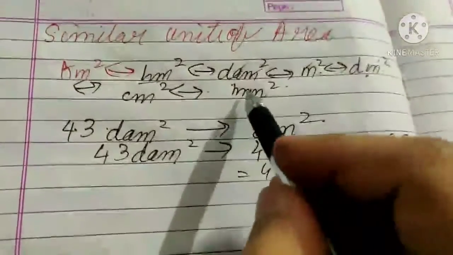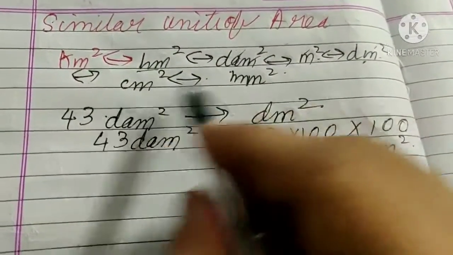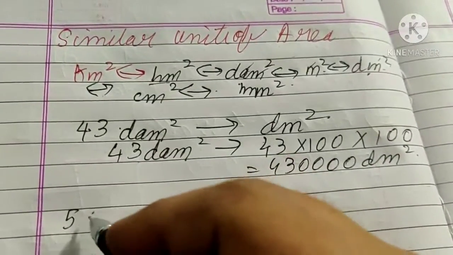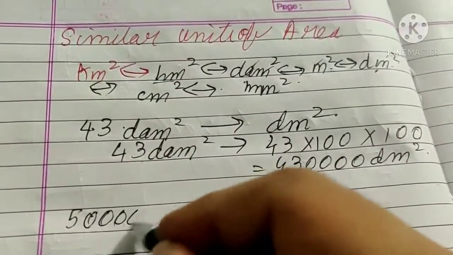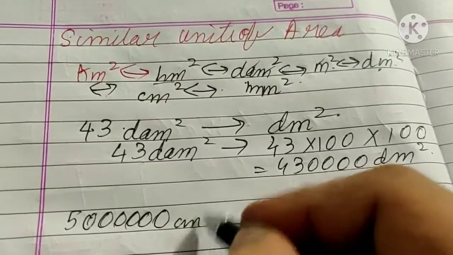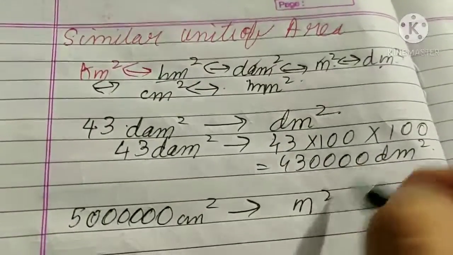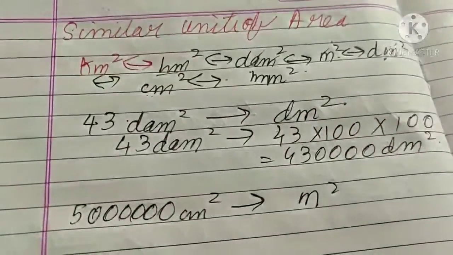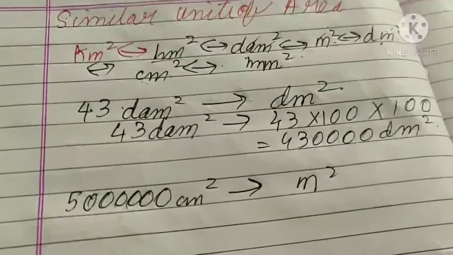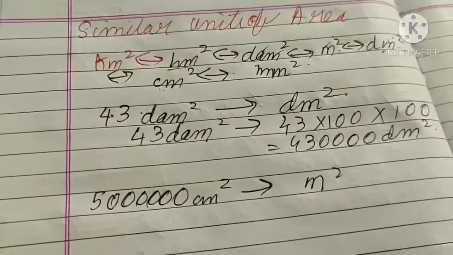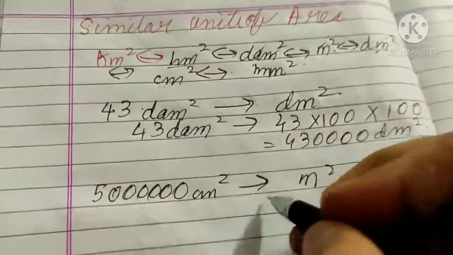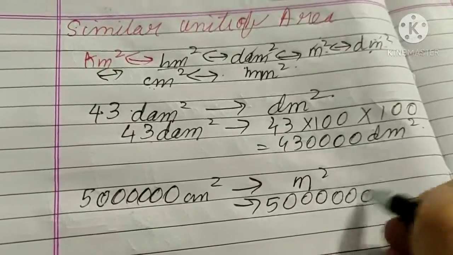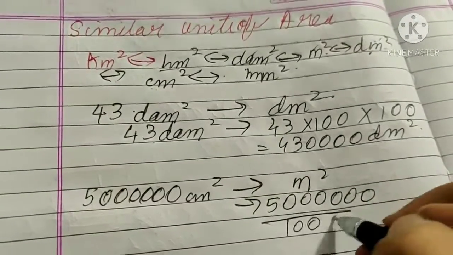Or converting 5 centimeter square into meter square. How many positions? 1 and 2, 2 positions in the left direction, the opposite direction. The left direction means dividing, so dividing by 100 and 100.